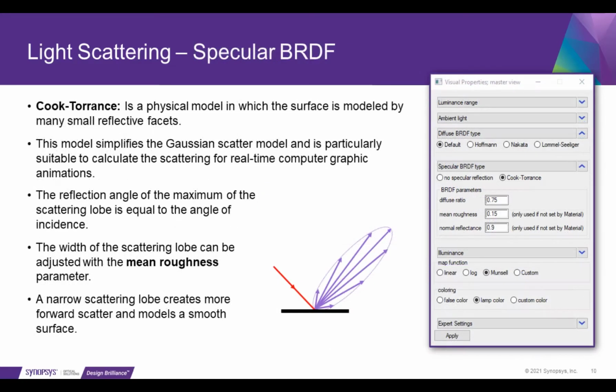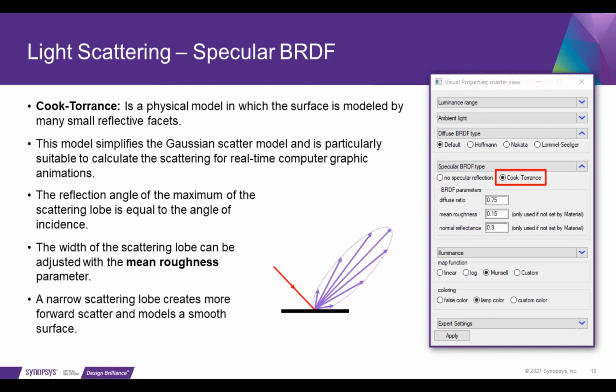In addition to the diffuse scattering, you can also define the forward scattering portion of the road surface. For this, the Cook-Torrance model will be used. This scatter model is a physical model in which the surface is modeled by many small reflective facets.